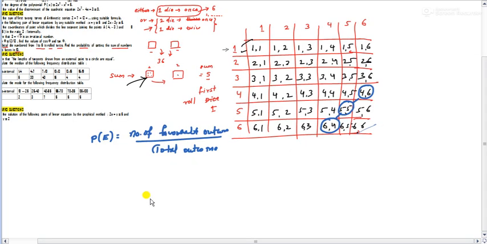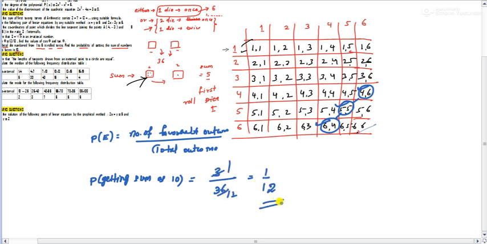Now substitute: probability of getting the sum as 10 is equal to, what is the total outcome? It is 36. And the number of favorable outcomes, how many are there? 3: 1, 2, 3. So write the value 3 here. Now solve it. 3 ones are 3, 3 twelves are 36, so the answer is 1 by 12.